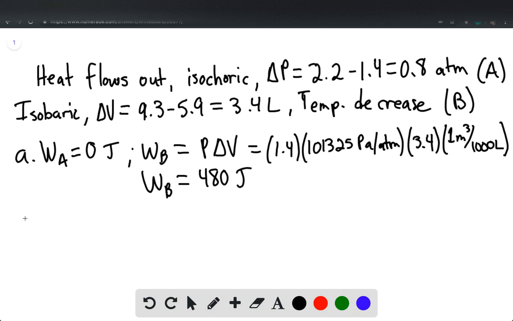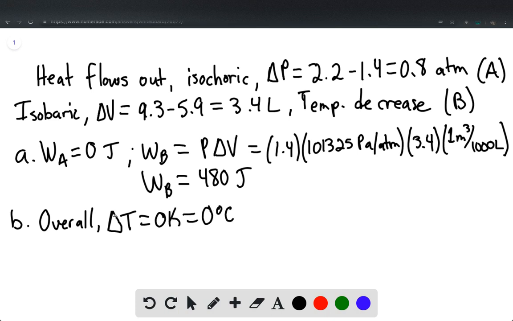So part B asks us to see what's the change in internal energy. But overall, the temperature change is going to be 0 degrees Kelvin or 0 degrees Celsius.